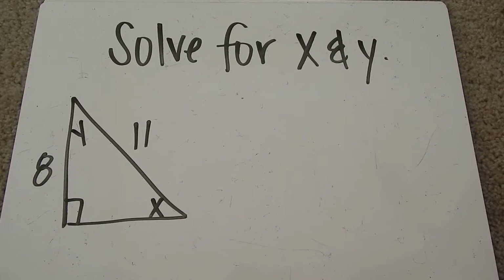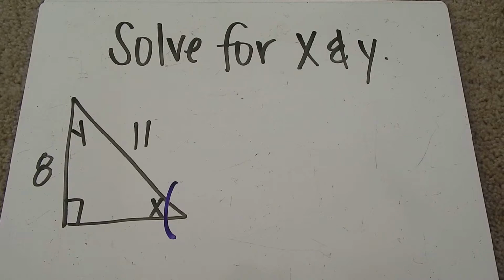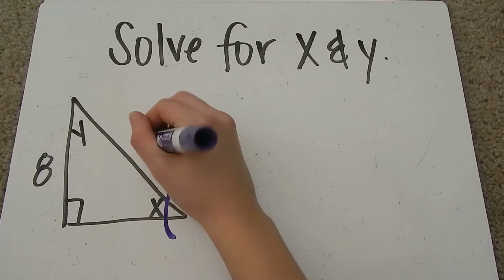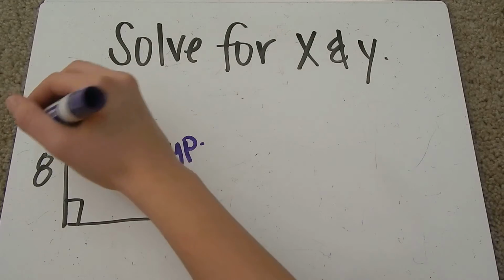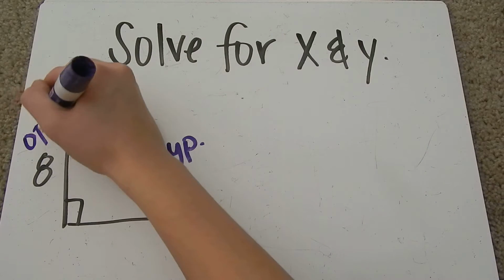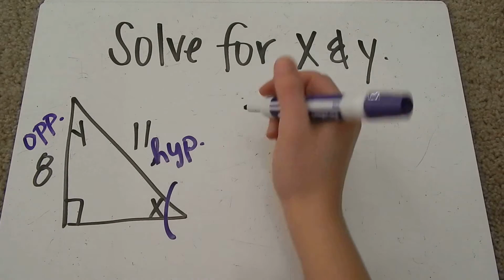Okay. Here's my next example. Here I want to solve for x and for y. So we'll just start with 1. It doesn't matter. I'll solve for x first. Label my sides. 11 is going to be my hypotenuse, and 8 is my opposite. The trig function for O and H is sine.